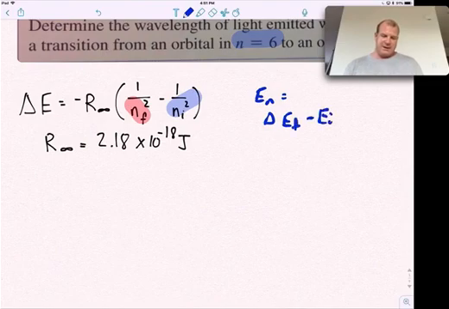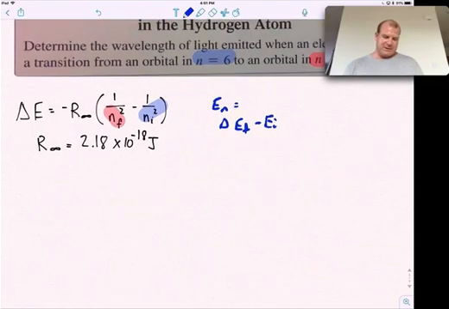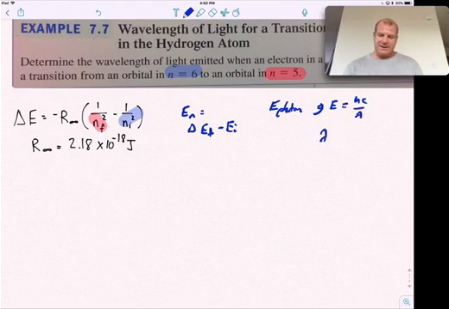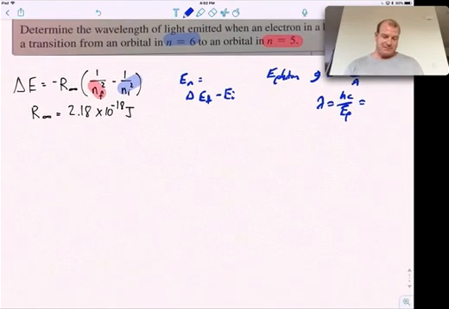That's where that equation comes from. It says the wavelength of light, so we're going to get the E photon, and if E equals hc over lambda, then lambda equals hc over the E of the photon, which will give us the wavelength. That's where we're going with this example.